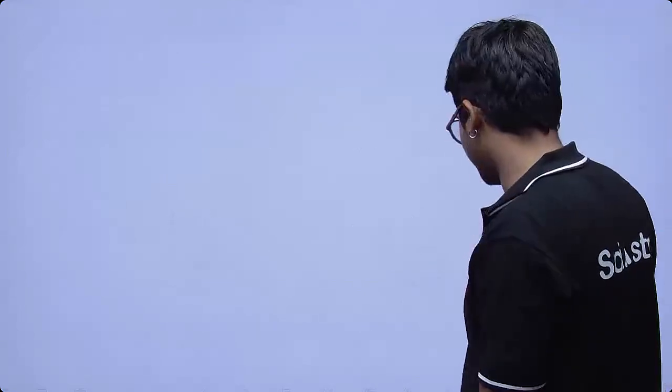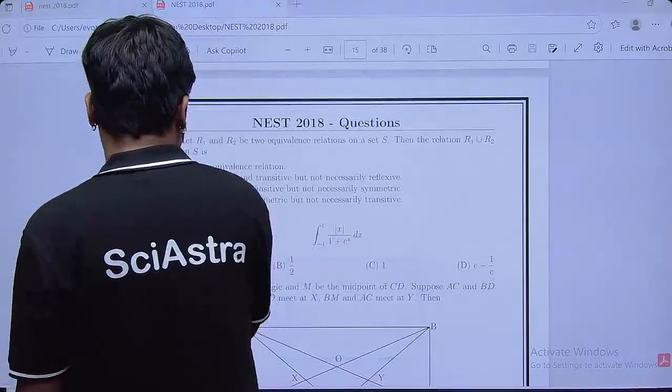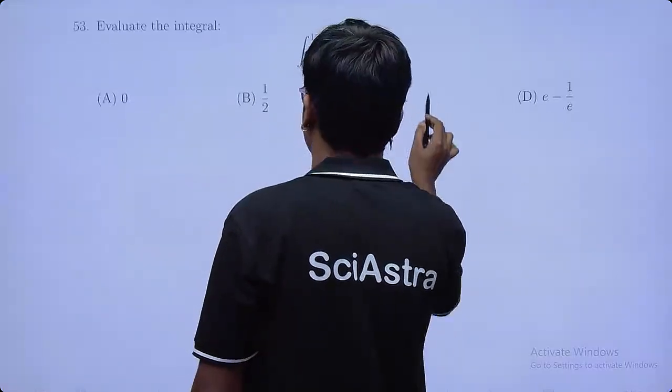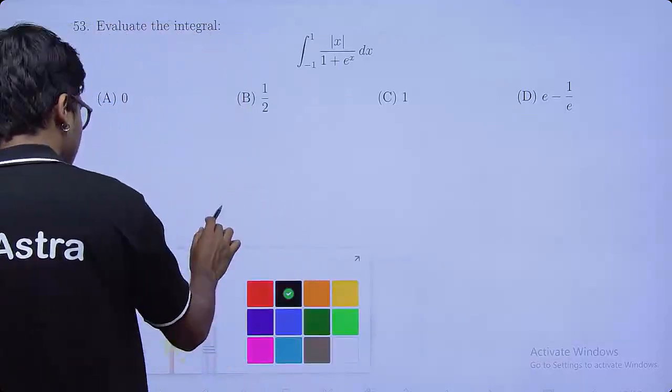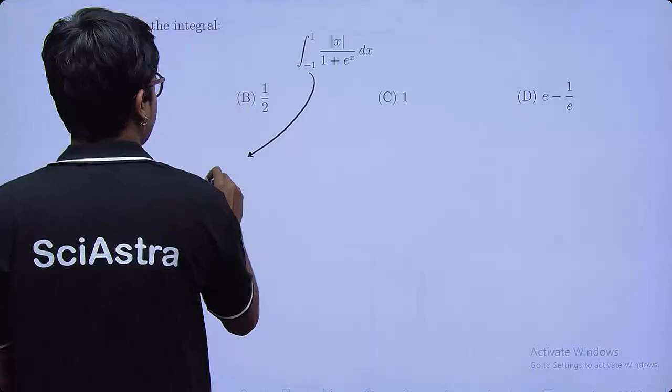Coming to question 53. Okay, again, what do we do here? King's property, right?